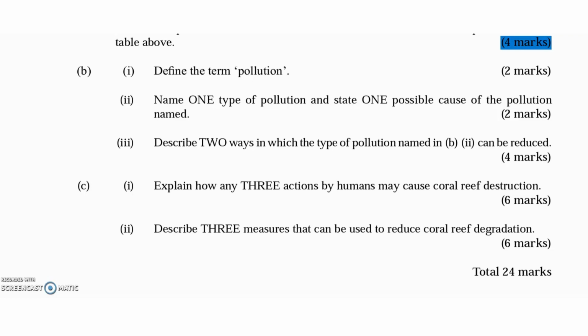Now, another one is land use planning. There is something called Integrated Coastal Zone Management, or ICZM.